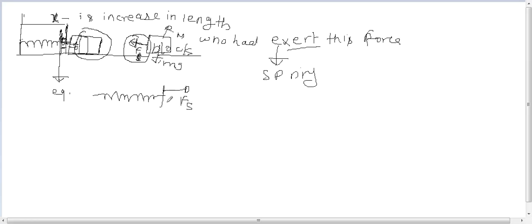Okay guys, if I say the spring is massless, then the net force on the spring must be 0.